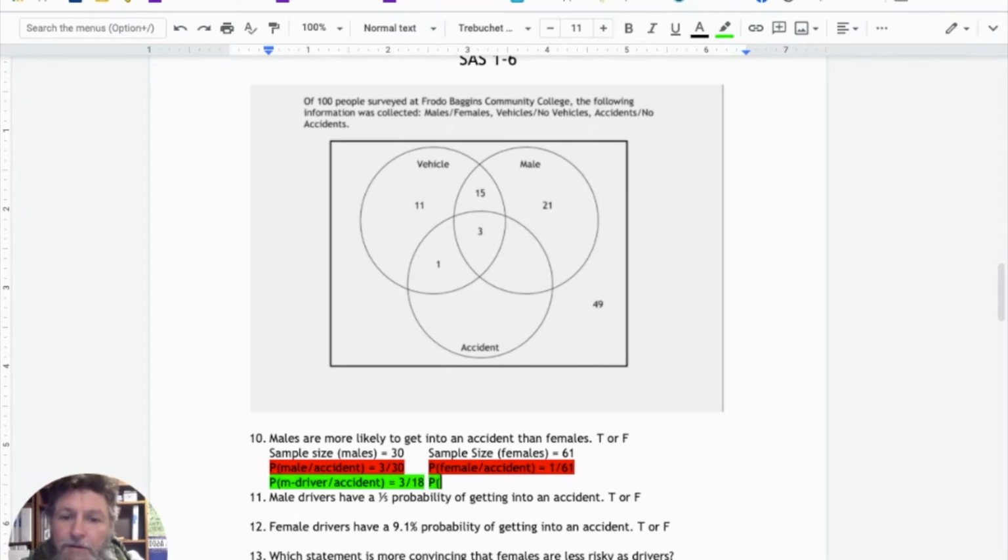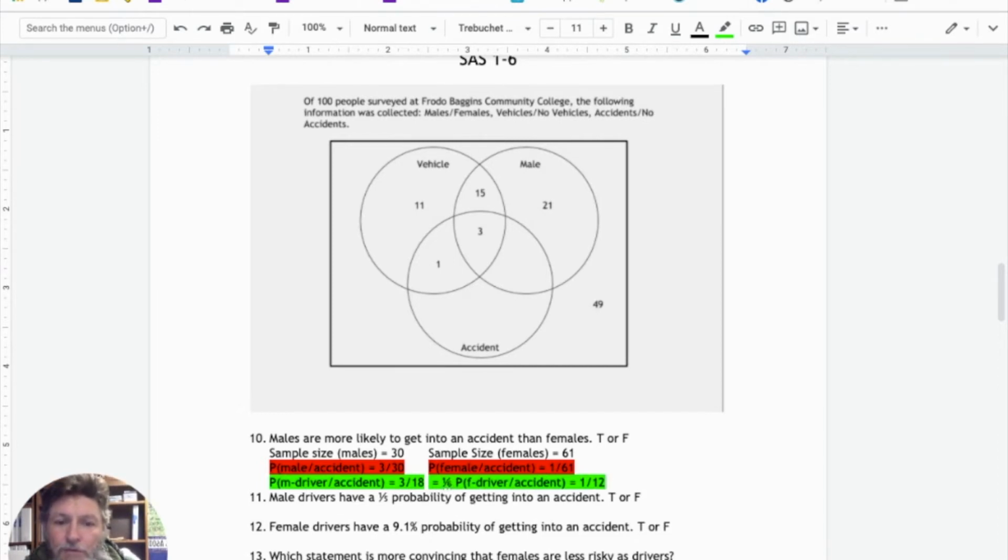And the probability of a female driver getting into an accident is 1, and that's out of 12. All right, do you see that now? 1 out of 12. And we can reduce both of these. 3/18 is 1/6.